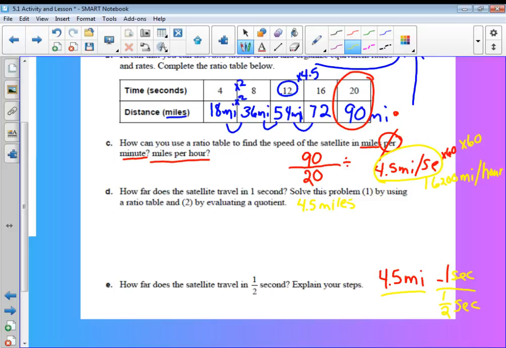Since we split the 1 second into half, or divided by 2, we could take 4.5 and divide it by 2. When we do that, we get 2.25. And that would be the miles it could travel in a half second. So to explain our steps, we could either divide by 2, or we could set it up as a proportion and cross multiply and divide. Okay, so that's working with a real world scenario and some ratios.